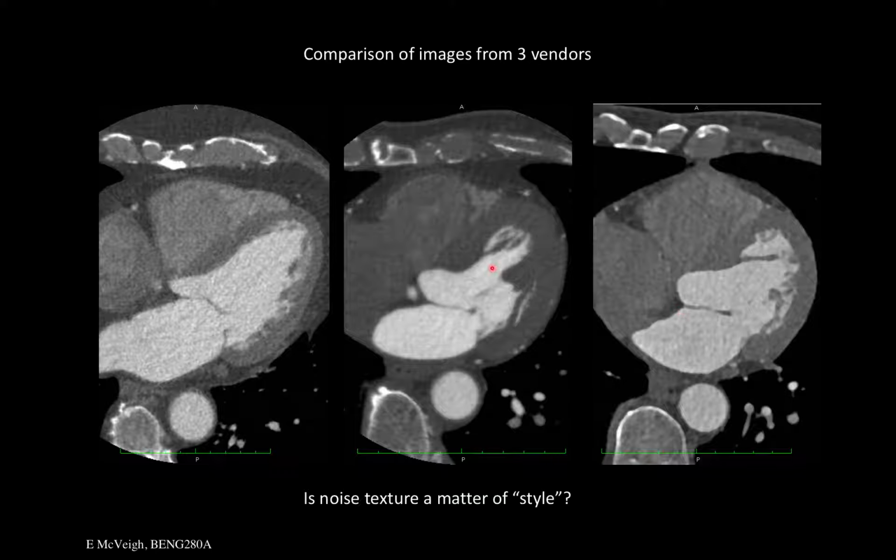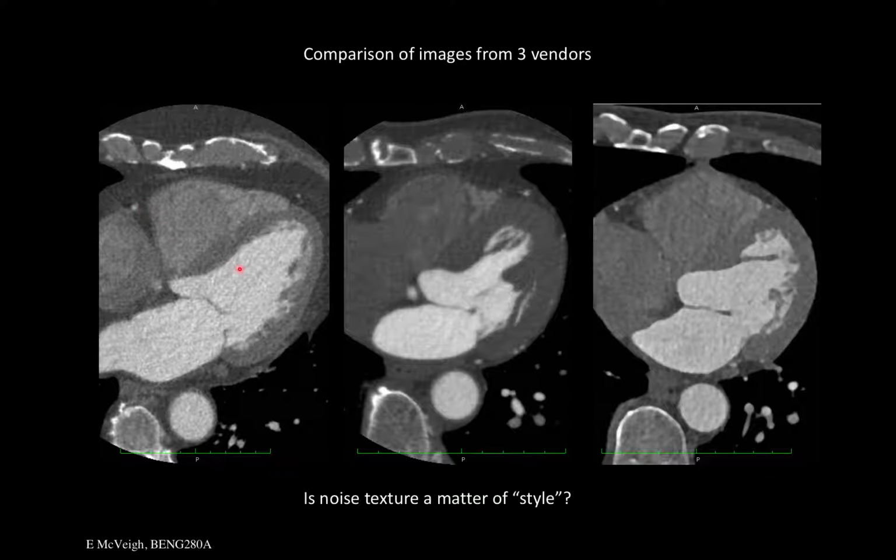I thought the first one had a lot more contrast than the other two. Yeah, that's a good question. If you put a line through this, that would be the contrast between the myocardium and the blood, or the vessel and the fat.